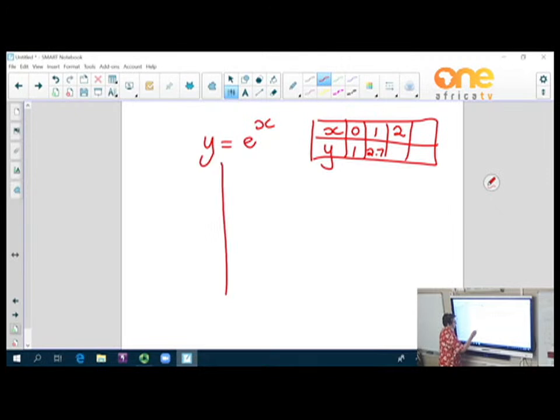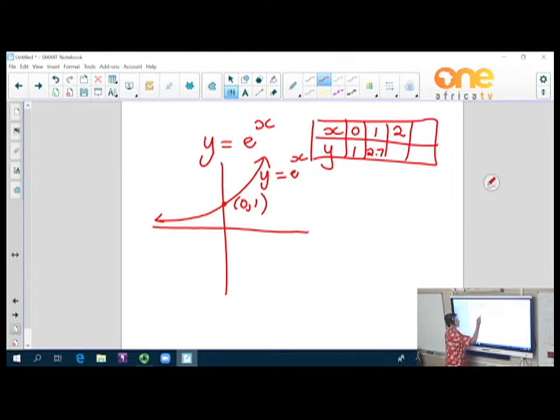When we draw this graph, it will basically look like this. Can you see? So y is equal to e to the power of x. It's good to have this picture in your mind when you draw them further. This graph is also going to cut at that 0,1. Can you see? And I will also have asymptotes here.